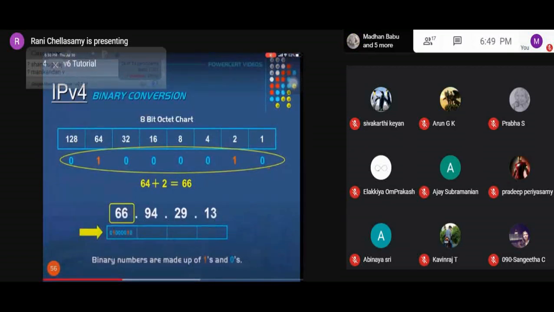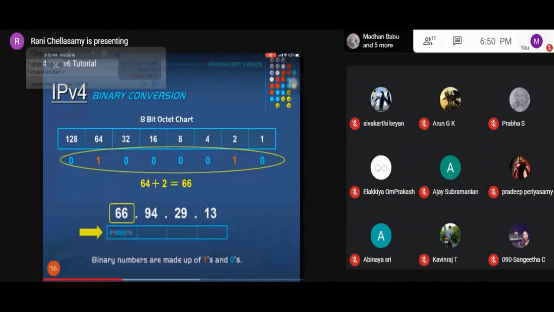For 66, you represent 1 under 64 and 1 under 2. On taking the sum of these two, you will get 66. All the others will be 0. So the representation of 66 is 0 1 0 0 0 0 1 0.